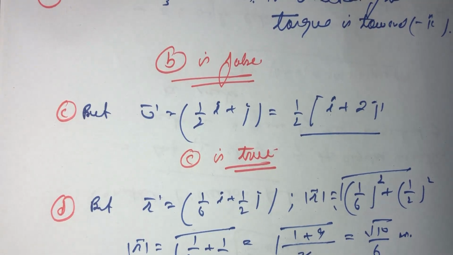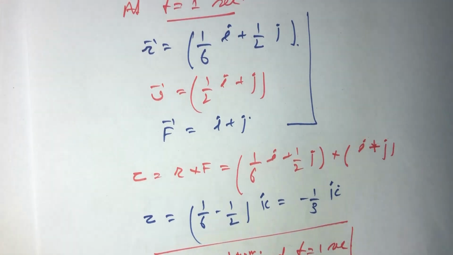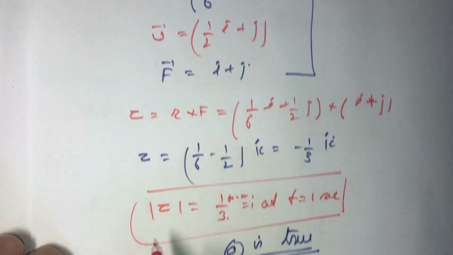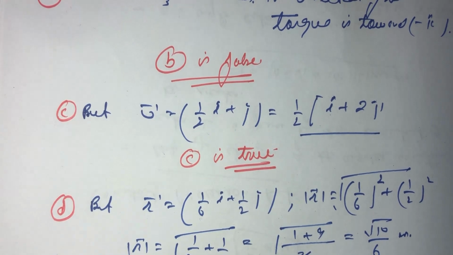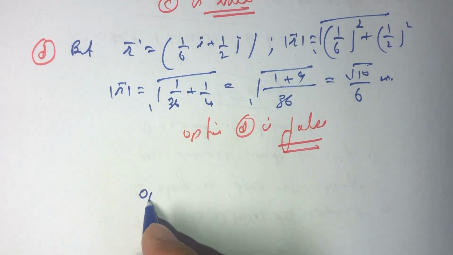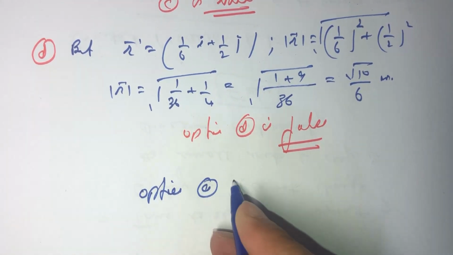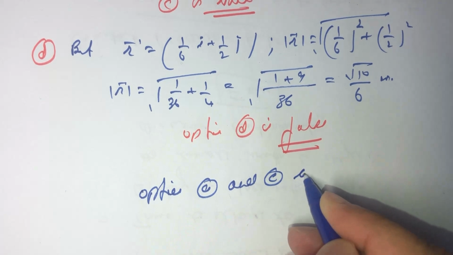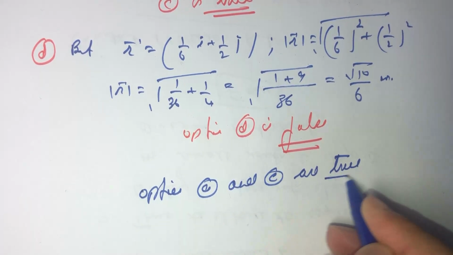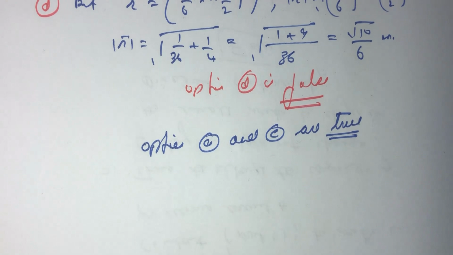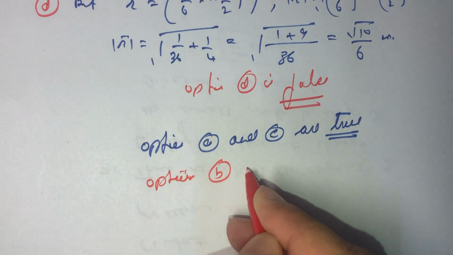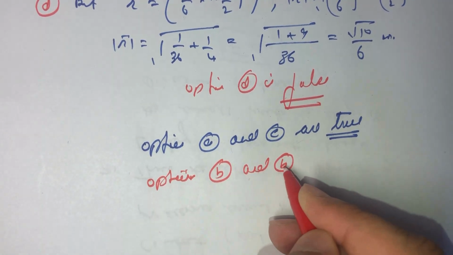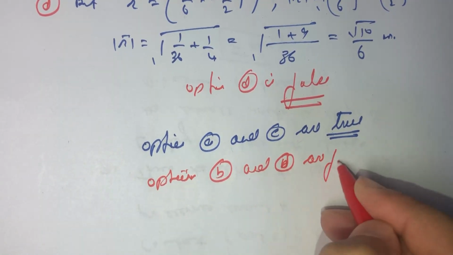Okay, so here we check option D, here option C, here option B, and this part is for option A. So we can say only A and C are true. That's our final conclusion. Option A and C are true, whereas option B and D are false.